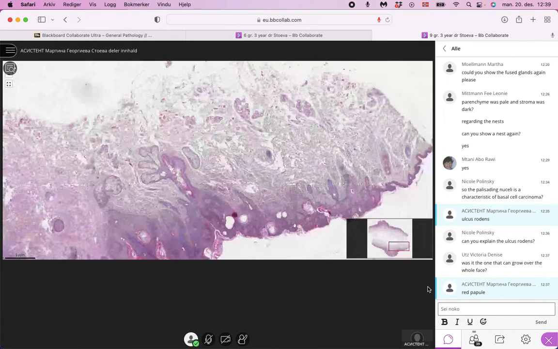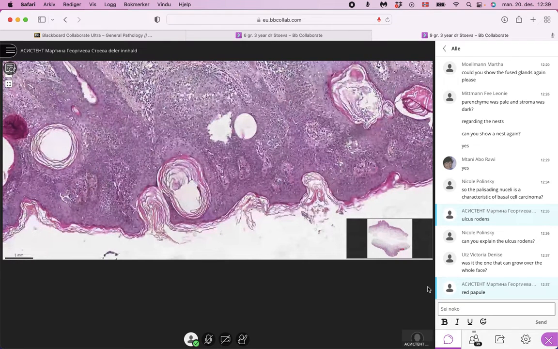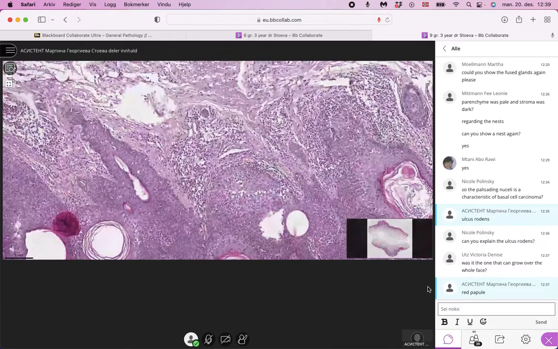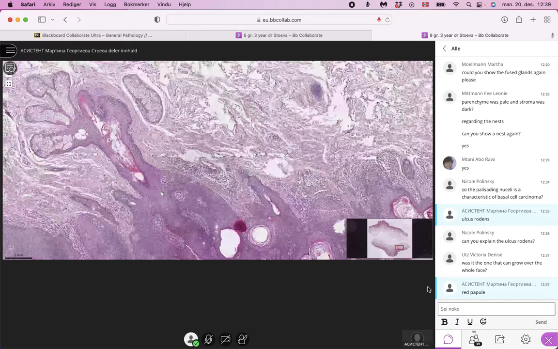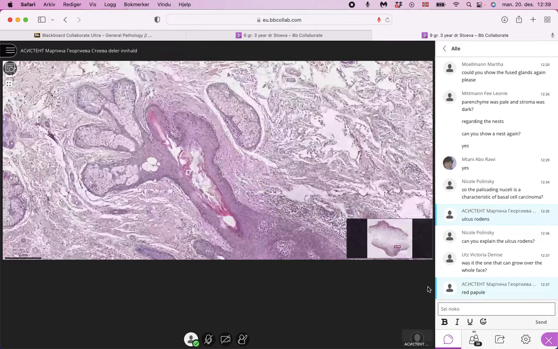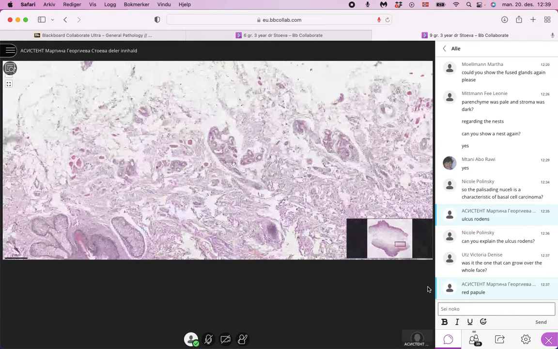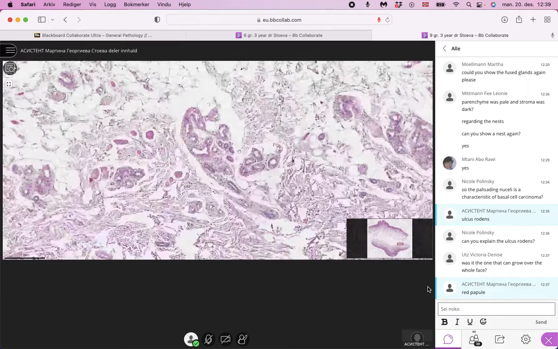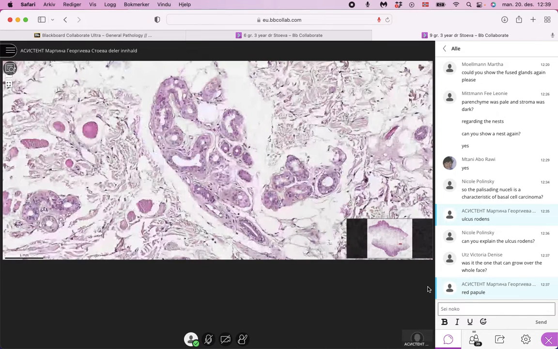To recognize the skin, you already know the characteristic morphology with keratinizing stratified squamous epithelium, hair follicles, sebaceous glands, sweat glands. So this is the skin.